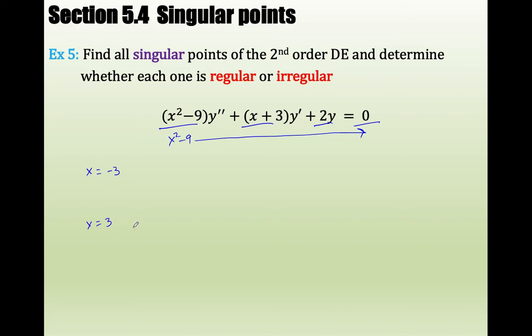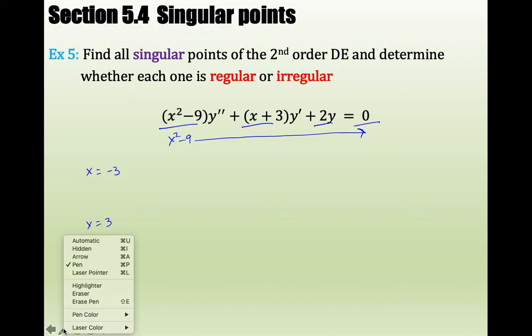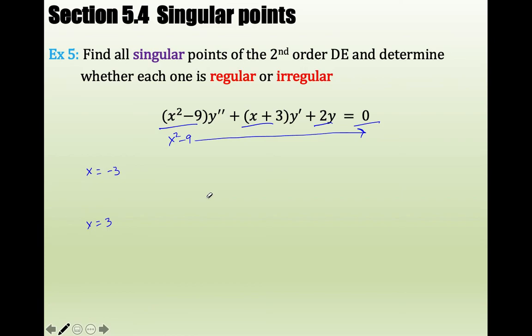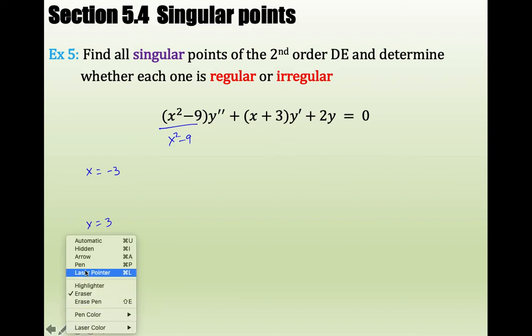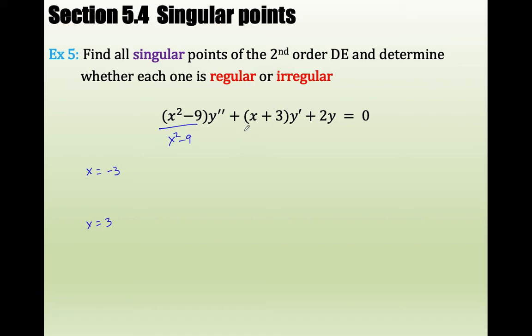Now what kinds of issues are there? So this time I need to be a little careful, and actually write these out. So underneath here is x plus 3, but so is x minus 3.